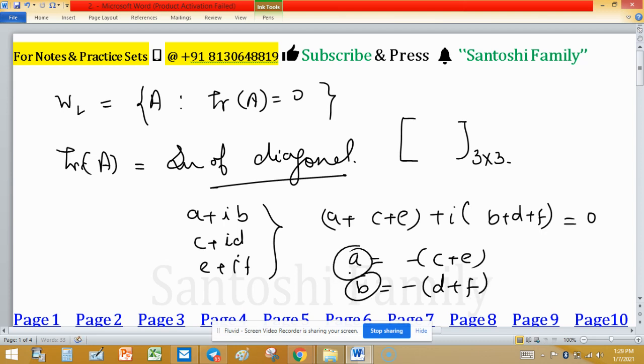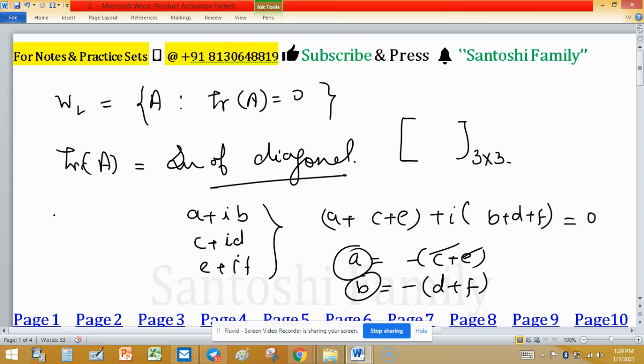Now a and b are linear combinations of c and e, and d and f respectively, so they are linearly dependent. It means they depend on the entries you choose at positions c and e, and d and f. So there are two real entries where you are not free, because the trace should be equal to 0.